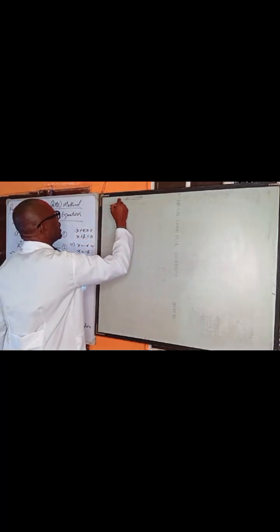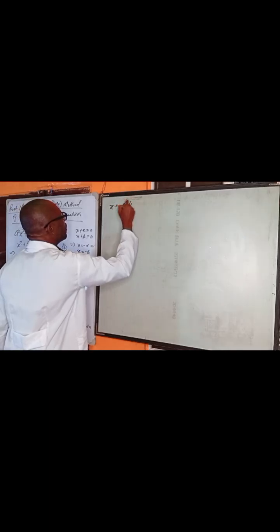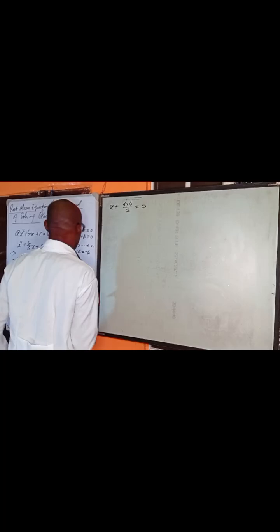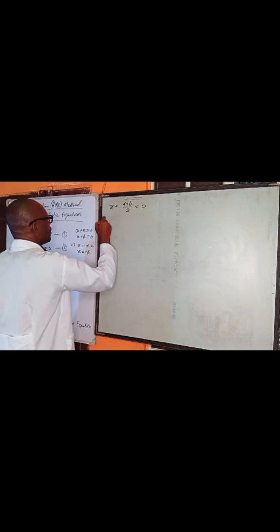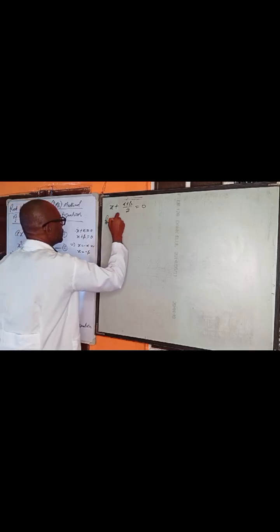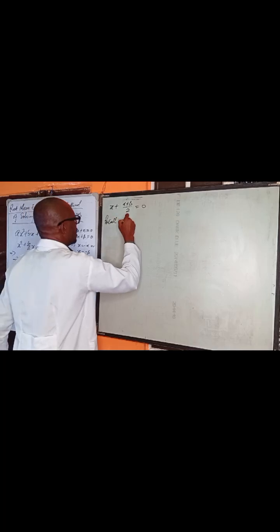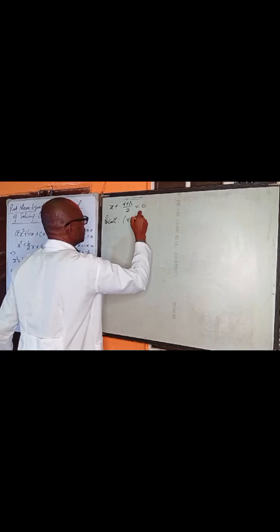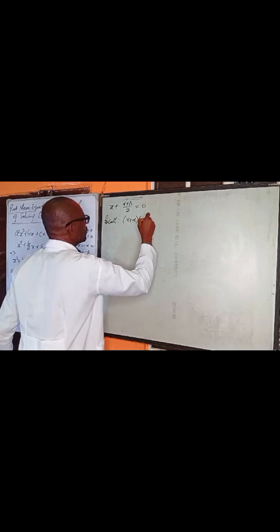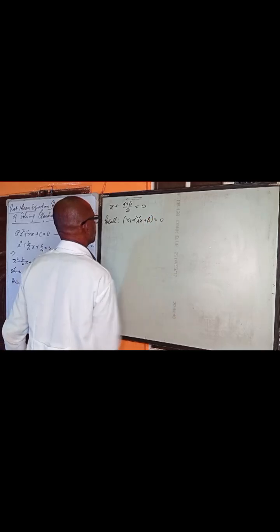But then remember we have that x minus alpha into x minus beta is equal to 0.